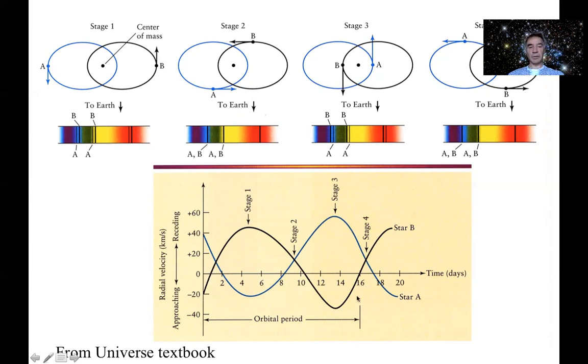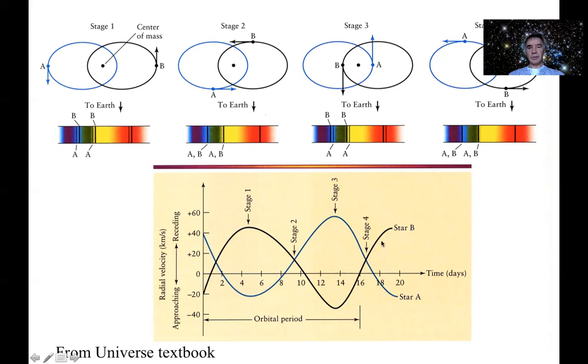You go through one cycle, in this example 16 days, which is the period of the orbital motion. So you know the period just from the radial velocity curve. You basically wait for the spectral lines to go through one complete cycle, and you can see both stars.